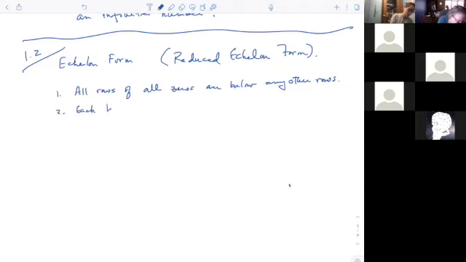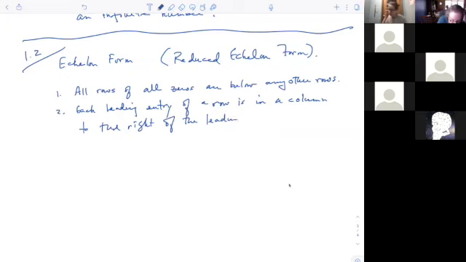Two: each leading entry of a row is in a column to the right of the leading entry of the row above it. This is what I refer to as the staircase structure.